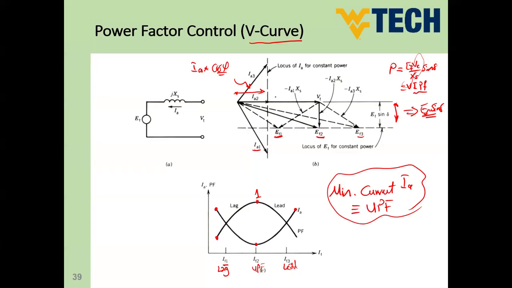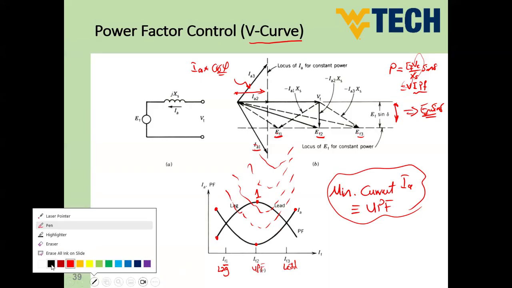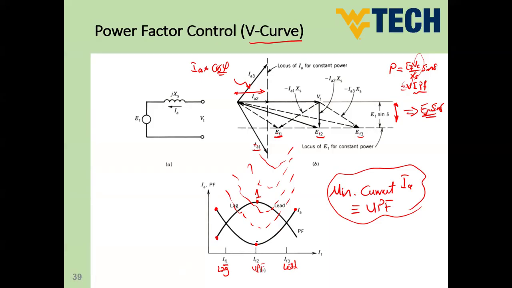So if we change the motor active power, this curve is going to change with us, and the curves are going to be like that. So the line of the unity power factor is going to be moved in this direction.